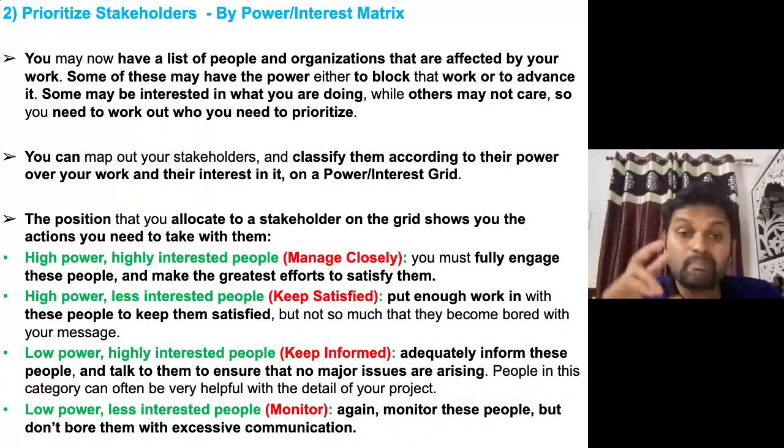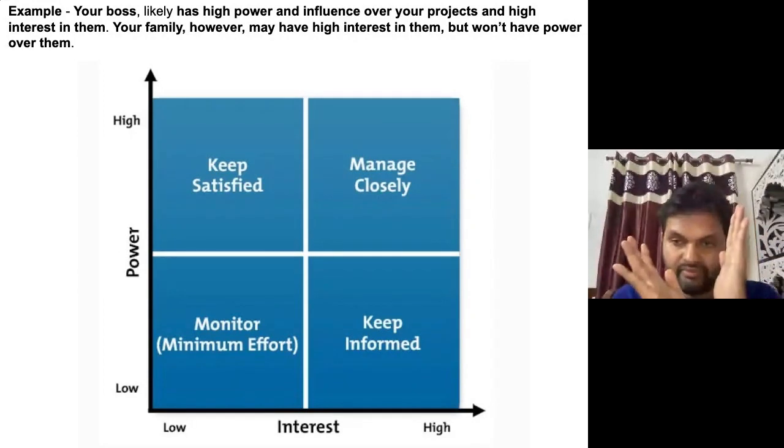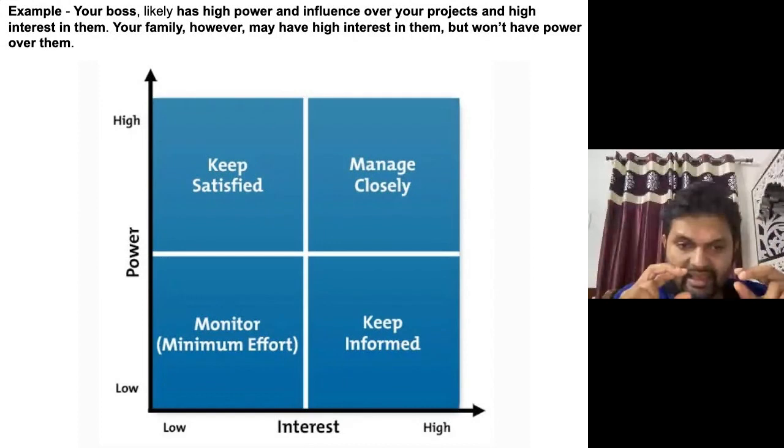Now, the question was how to prioritize them. That depends, as I already said, on the power and interest matrix. Now let's see what that matrix is. This is the matrix. Try to see that on the x-axis at the bottom is interest, and on the y-axis is power.